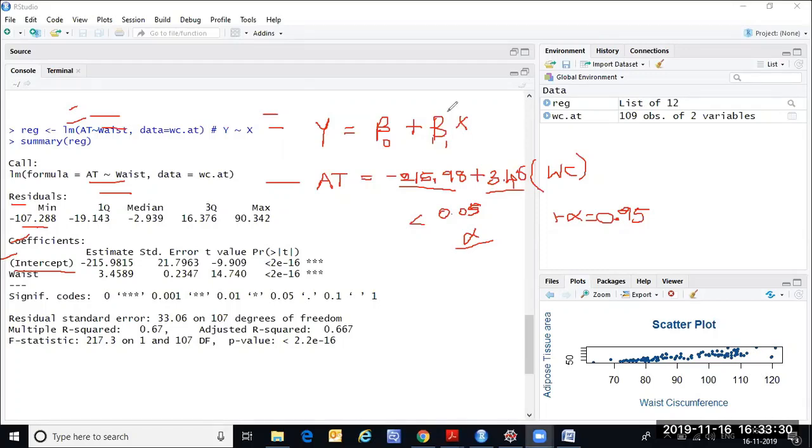Okay. So once we check the coefficient level significance, then we need to see the entire model level significance by looking at this p-value. Even the entire model also should be significant.